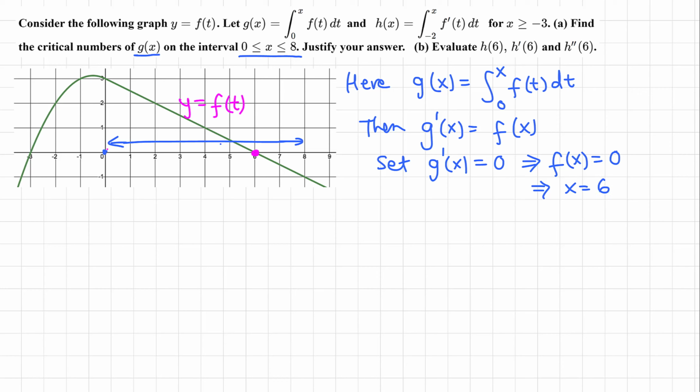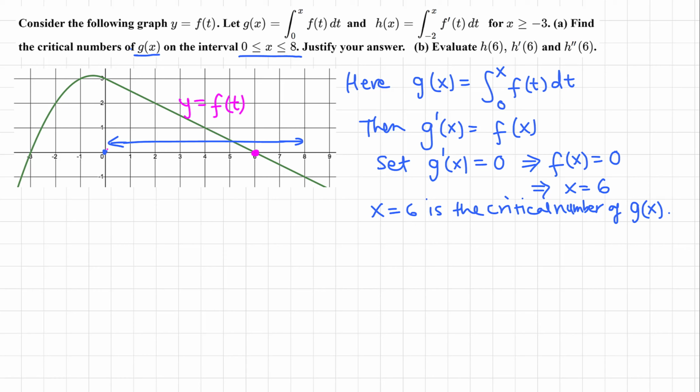And this is a straight line, so the function is defined everywhere on this interval 0 through 8. So only x equals 6 is the critical number of g.